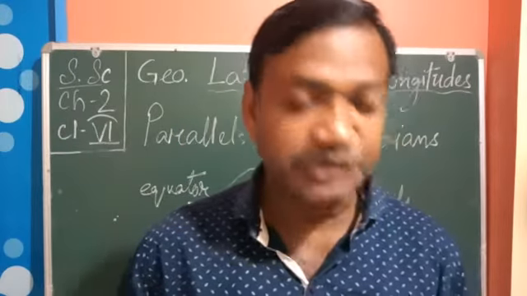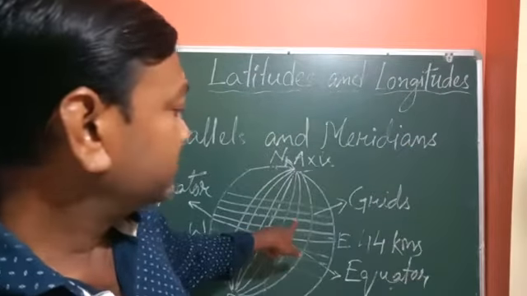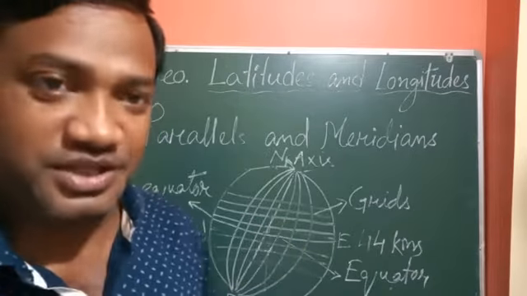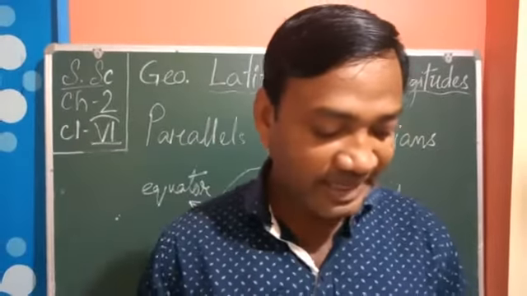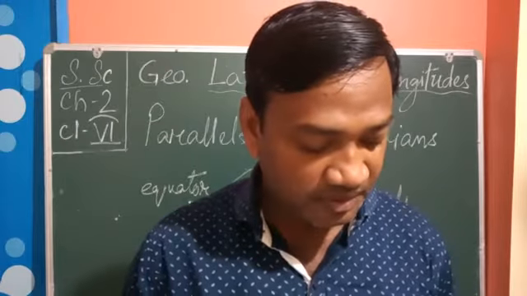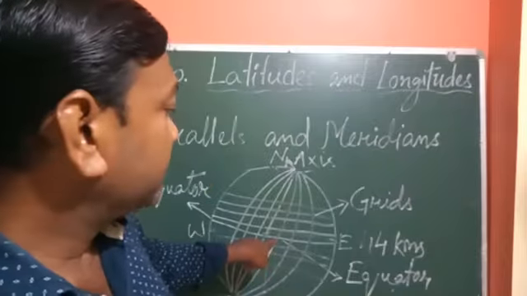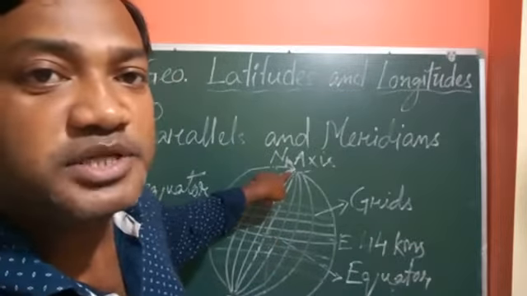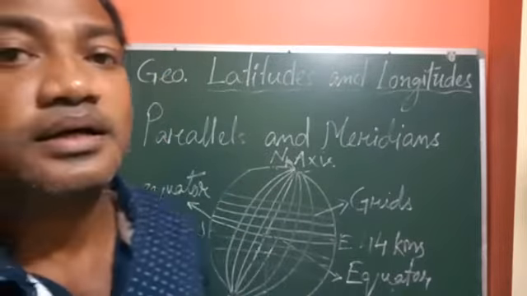This angle is the latitude of that place. That means the angle is called the latitude. The latitude of a place is the distance of that place north or south of the equator. So from the equator, we can locate whether it is in the northern hemisphere or in the southern hemisphere.